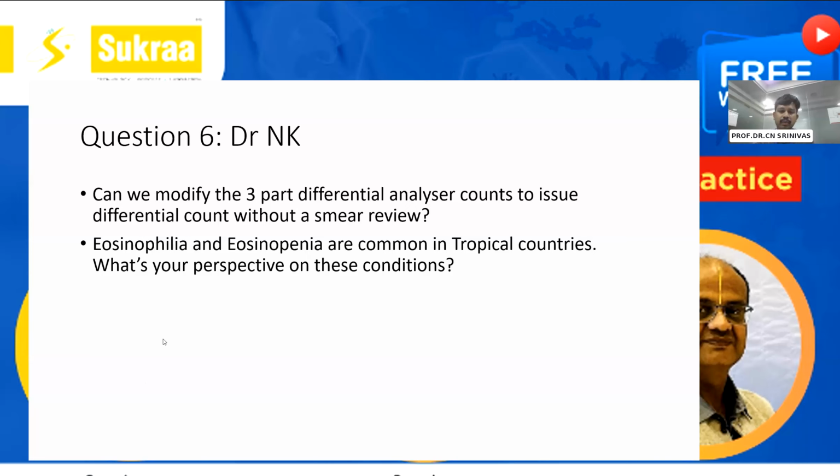Coming to the second question, with respect to eosinophilia, I agree that eosinophilia is more common in tropical countries, mostly because of parasitic infections and sometimes due to other allergic conditions which we are frequently encountering now. With respect to eosinopenia, what I've observed is we have CBC count added as part of fever packages, and most of the fever packages tend to have eosinopenia.